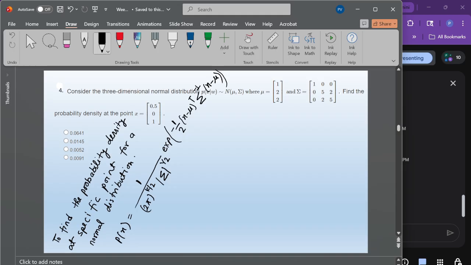So this is the formula to find the probability density function at a specific point.